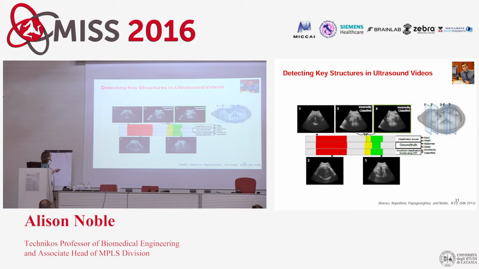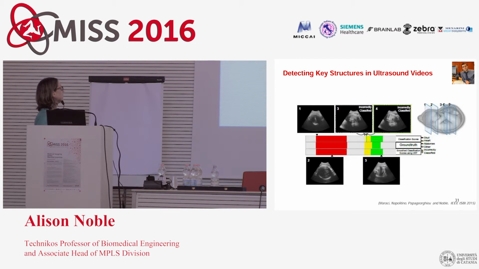If you do a frame-by-frame classifier, as you'd probably expect, you occasionally make errors, and hence in our case, we use CRFs, conditional random fields, to smooth the result. Here you go from scanning the head, to a body part that you're not interested in, to scanning the heart region, and then scanning the rest of the abdomen. So it's a very simple way of partitioning videos that is then useful to make other decisions.